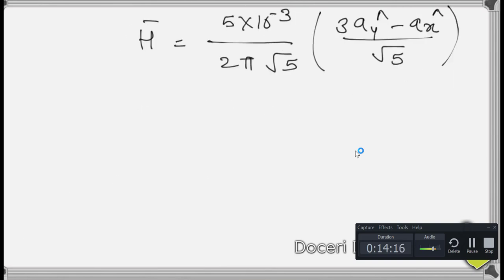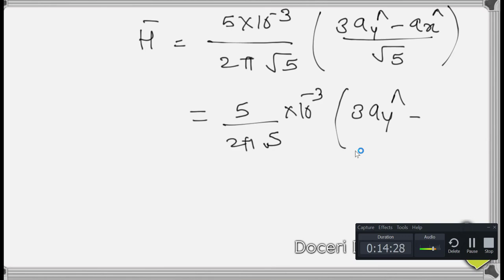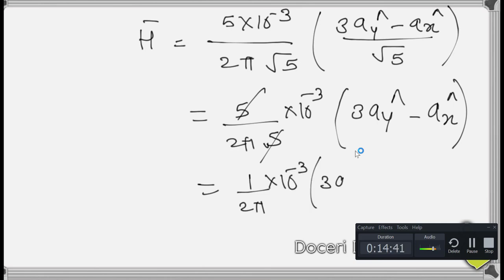Yes. Then solve this. So it is 5 divided by 2 pi into 5 into square root of 5 into 3AY minus AX, that is equal to 1 upon 2 pi into 10 raised to minus 3 into 3AY cap minus AX cap, whatever it is.